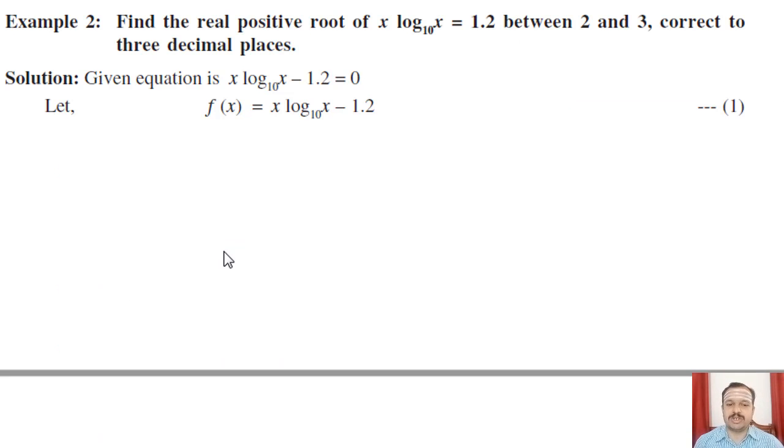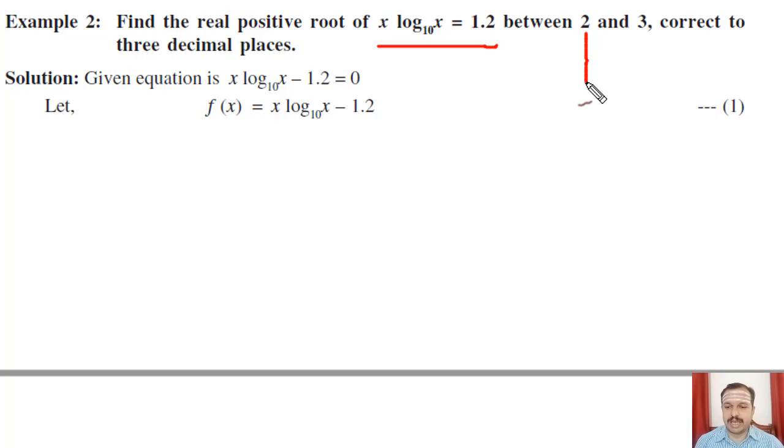So here is the question. Please look at the question here. We have to find the real root of the equation x log x to the base 10 equals 1.2 between 2 and 3.